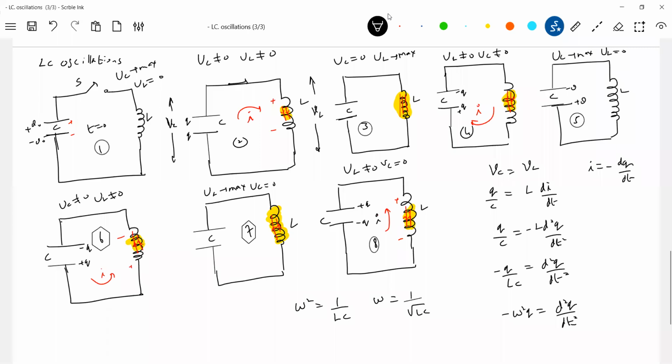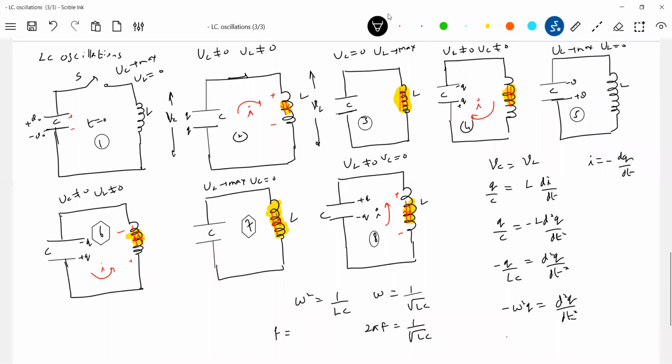As we know, omega equal to 2 pi f. So what is the frequency of oscillation? F is equal to 1 by 2 pi root of LC.